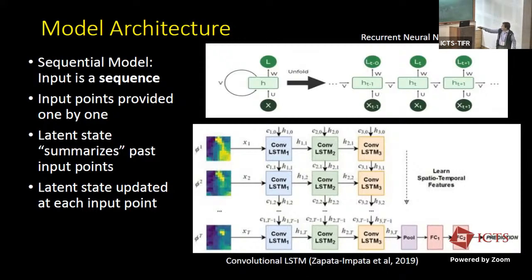Initially, you provide the first value, at t equal to 1. That may be either a single real number or a vector. You provide it as an input to the model, or the neural network. It does some kind of transformation of it and calculates some intermediate value. That intermediate value is stored.